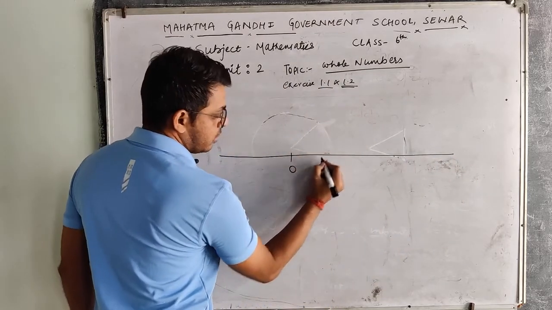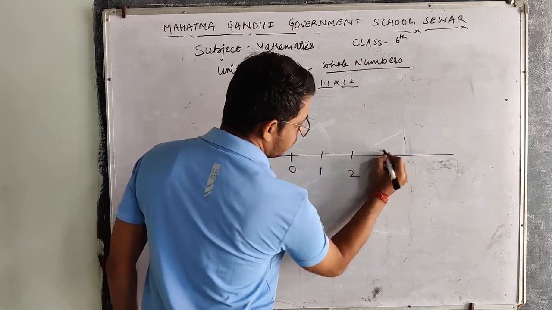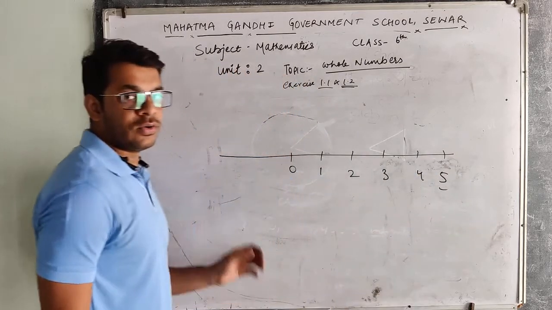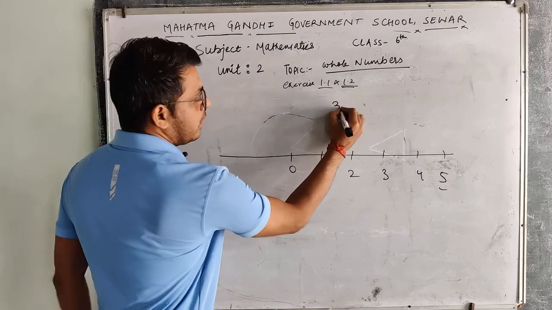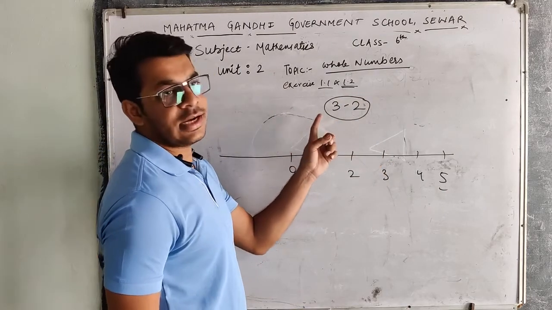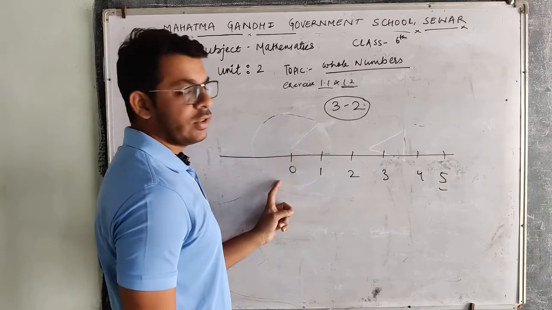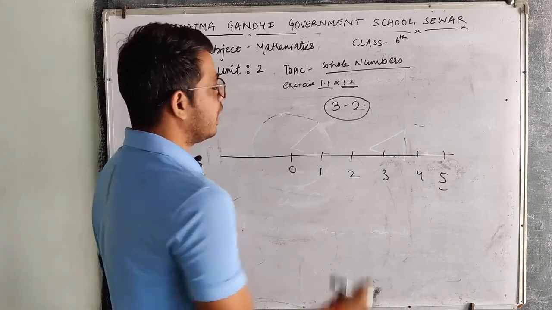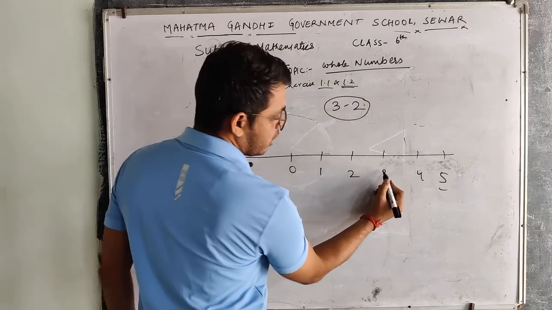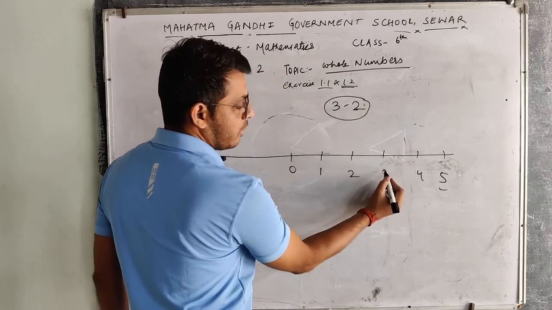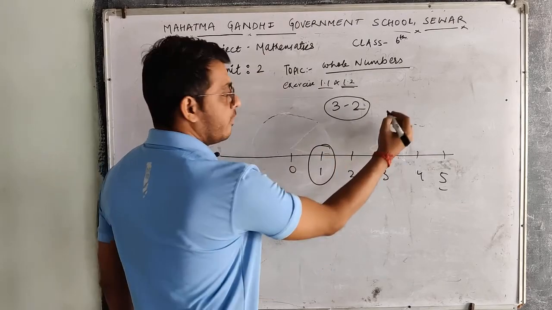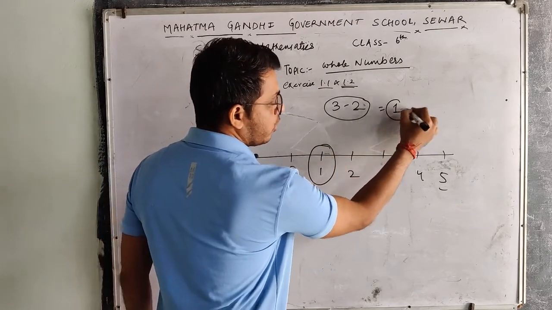If this is 0, 1, 2, 3, 4, 5, and I want to write 3 minus 2, how will I represent it on this line? We move 1, 2, 3 and minus 2, so the result is 1. This is also a whole number.